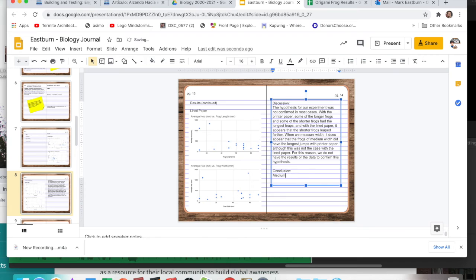So we could say the size of an origami frog does not appear to have any correlation to the distance that a frog might jump.